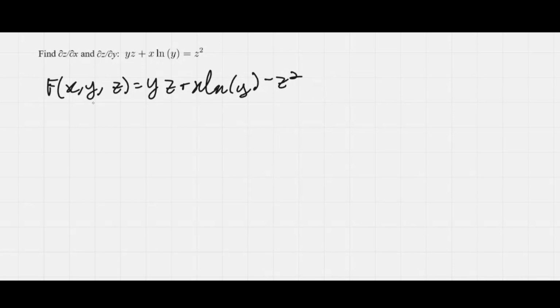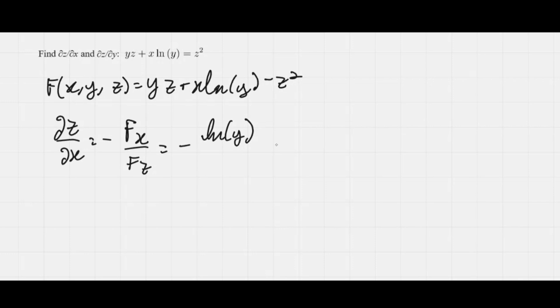Now to find del z del x first. That's going to be equal to negative f sub x over f sub z. Well, the partial of f with respect to x, that yz term becomes 0 because it is constant. That ln y is a coefficient to x, and so that's going to be ln y over there.